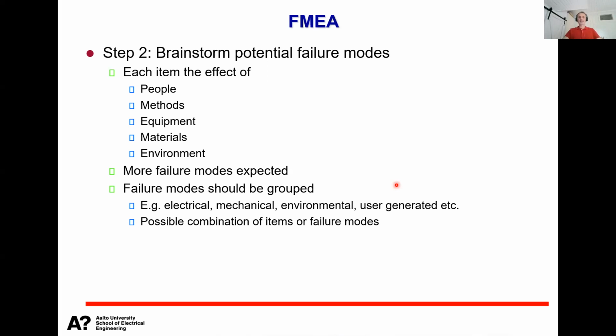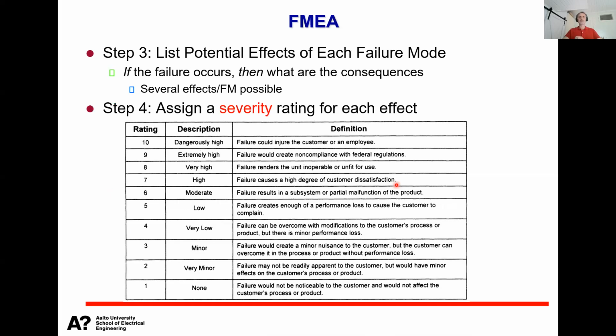And then you start thinking that, okay, if this problem occurs, what is the effect? What is the consequence? So here, if the failure occurs, then what is the consequence? And you think of it from the severity point of view.